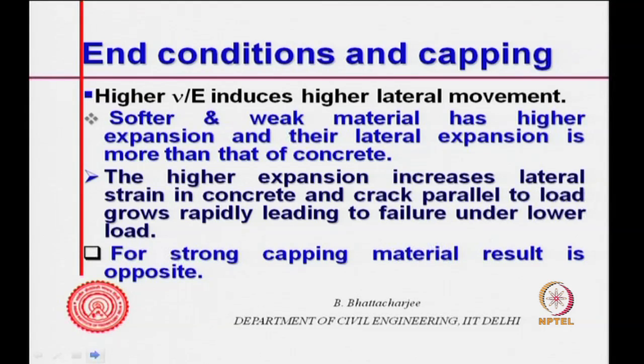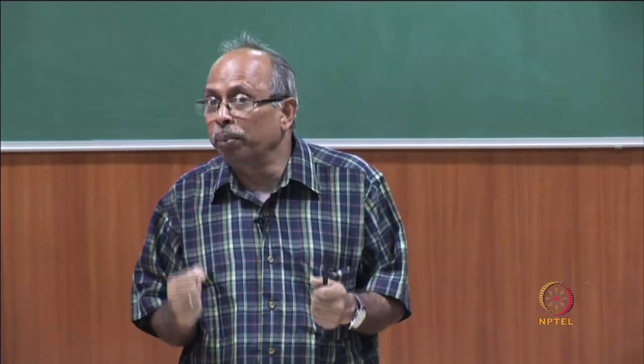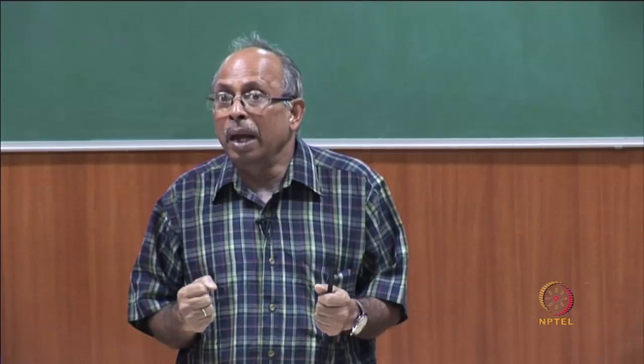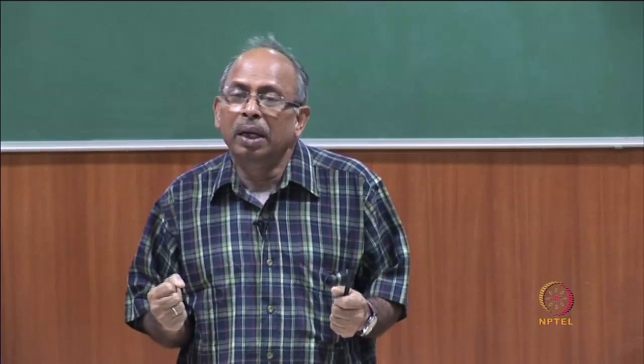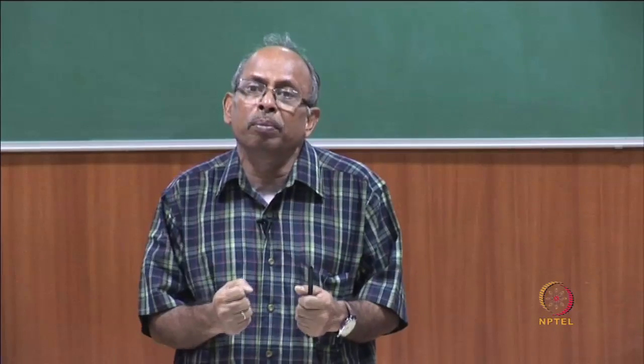For strong capping material, the result is obviously opposite. If nu by E is small, that means this material itself has low Poisson's ratio and high E, very stiff, and that would restrain the concrete.